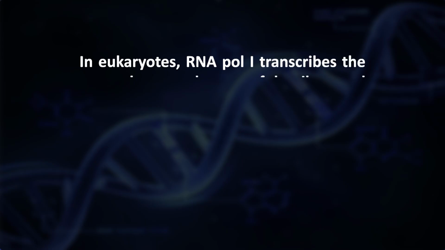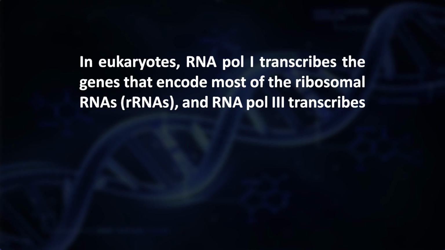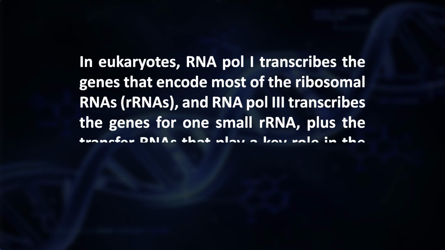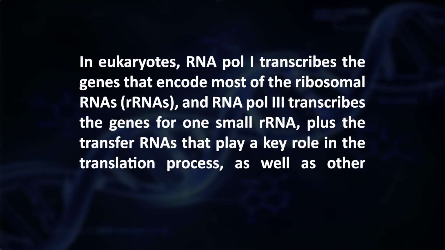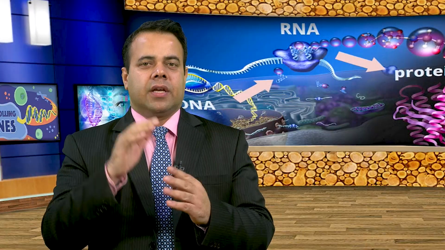In eukaryotes, RNA polymerase 1 transcribes the genes that encode most of the ribosomal RNA, that is the rRNA. And RNA polymerase 3 transcribes the genes for one small rRNA, plus the transfer RNAs that play a key role in the translation process as well as other small regulatory RNA molecules. Thus, it is RNA polymerase 2 that transcribes the messenger RNAs, which serve as the templates for the production of protein molecules, that is the translation.